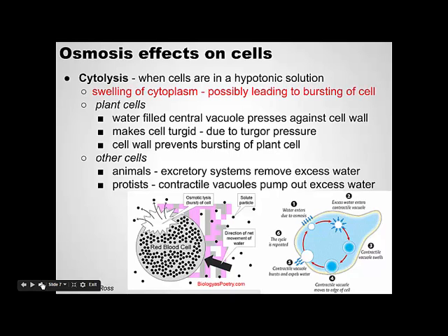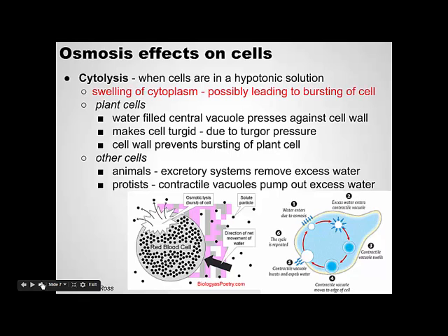Take an herbaceous plant, a green plant, not like a tree with wood and bark, but just a flower, a dandelion that grows out of the ground, where we have not woody material, but just a regular stem. That plant is able to stand upright because of that turgor pressure, because those central vacuoles are filled with water, pushing against the cell wall, and that gives it its structure.